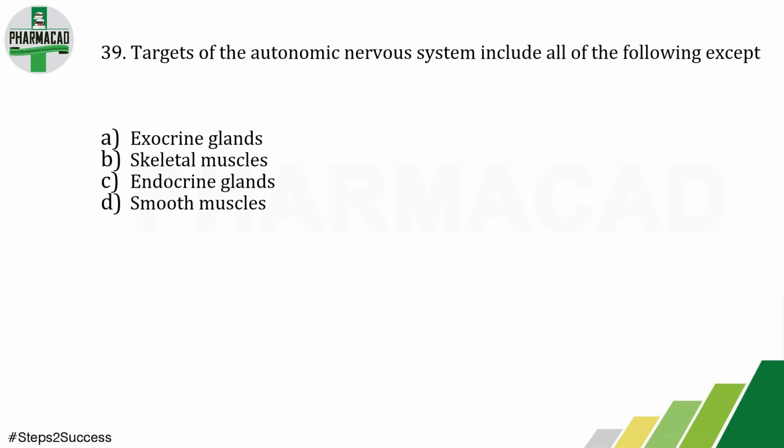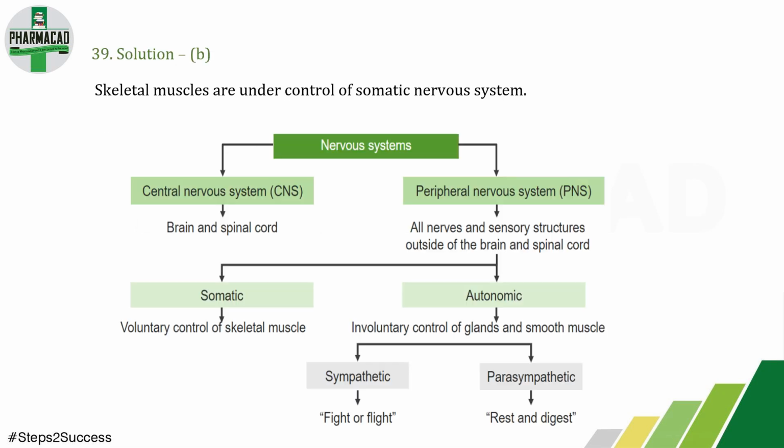Next question. Targets of the autonomic nervous system include all of the following except. So where does our ANS show its action? The options are exocrine glands, skeletal muscles, endocrine glands or smooth muscles. For this, you need to remember this flow chart, that the nervous system contains the central nervous system, which acts upon the brain and spinal cord, and the peripheral nervous system.